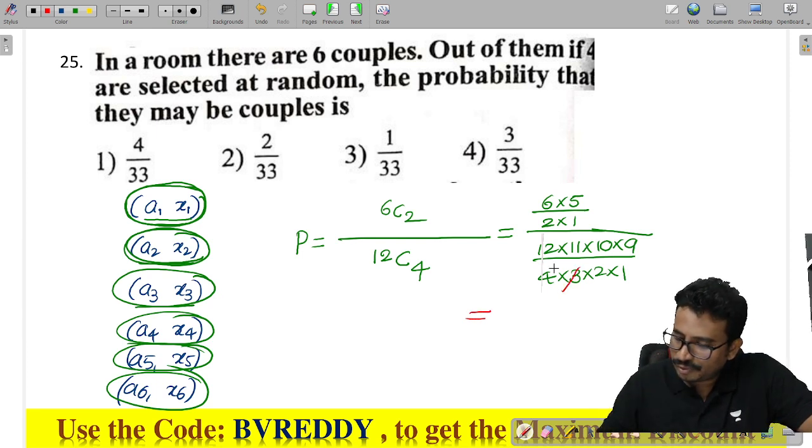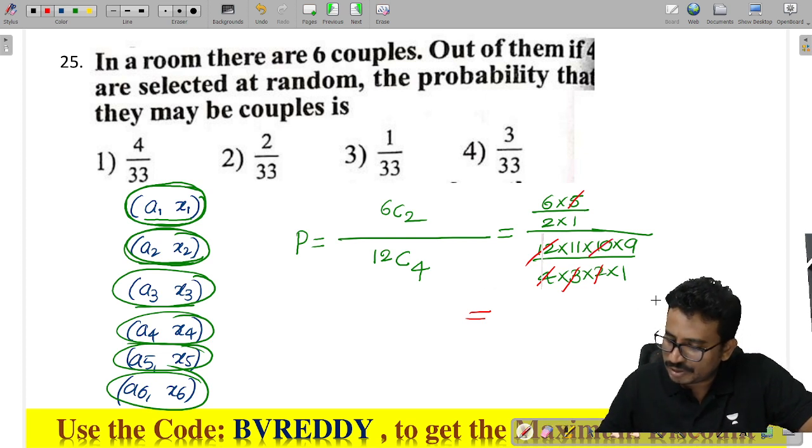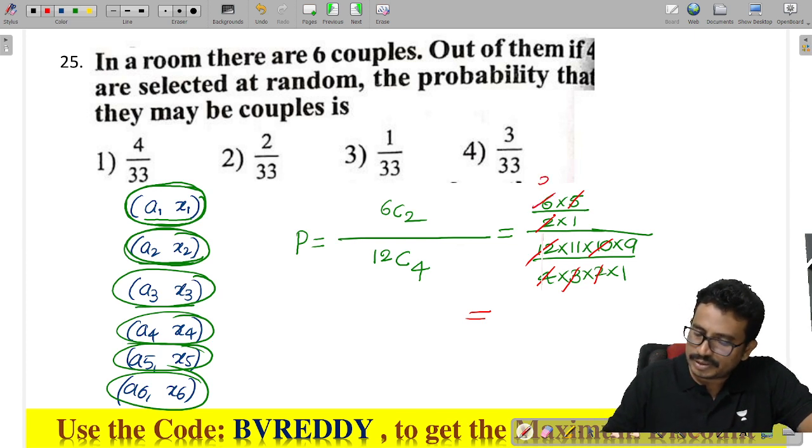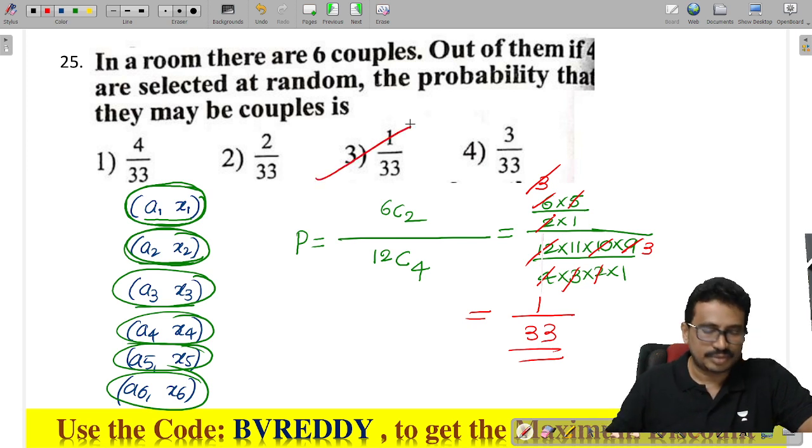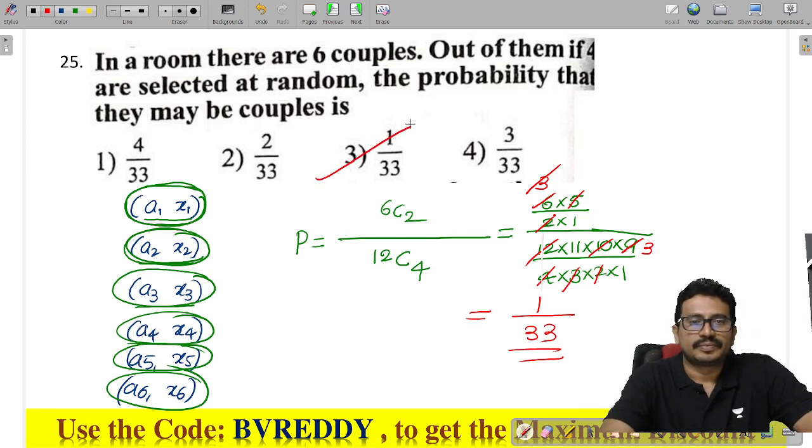Here 12, and then this is 2, this is 5, 10 will get cancelled. This 2 and this 3, 3 will get cancelled. So we have only 1 by 33. Check this answer, third option. Fine, the probability problems we have done now.